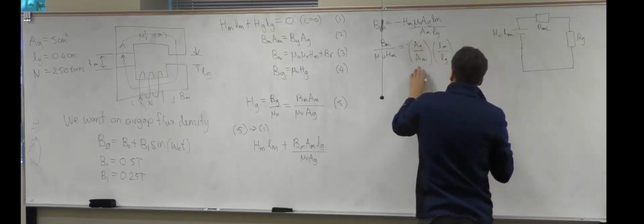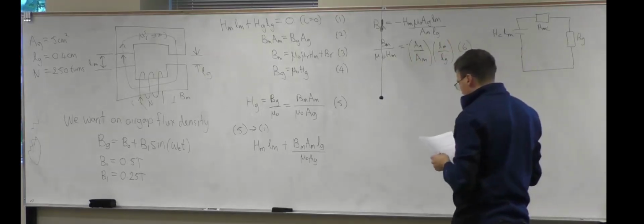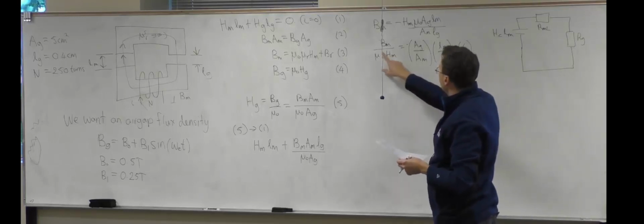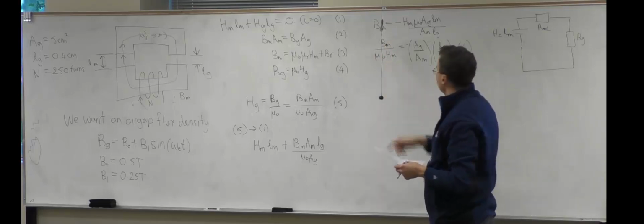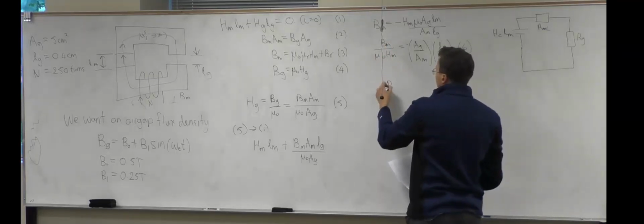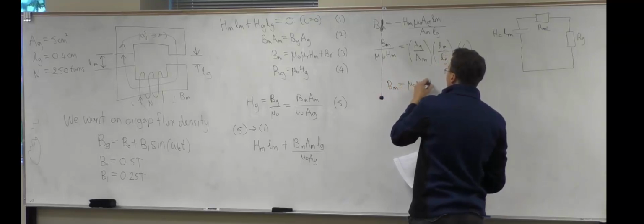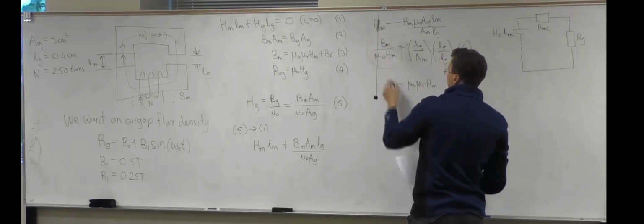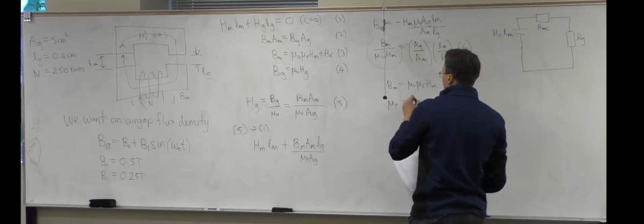So we had that relationship before. Okay, so now this over here, what is that equal to on the left? Remember, BM is equal to mu naught mu r HM. So this part on the left here is equal to mu r.